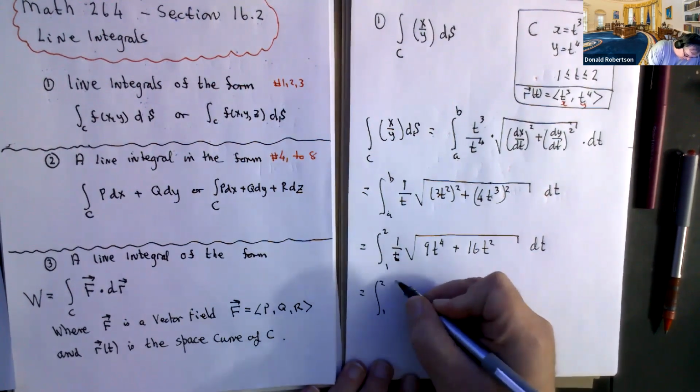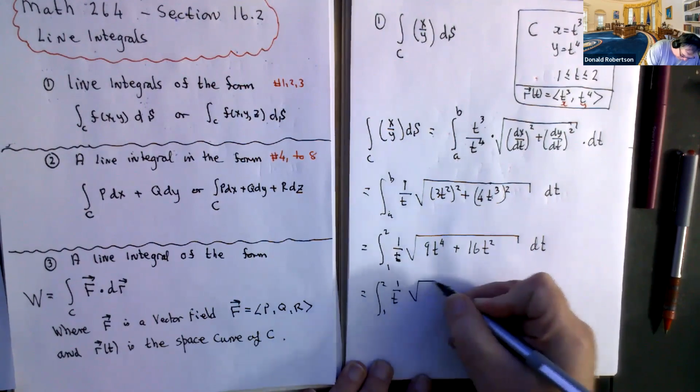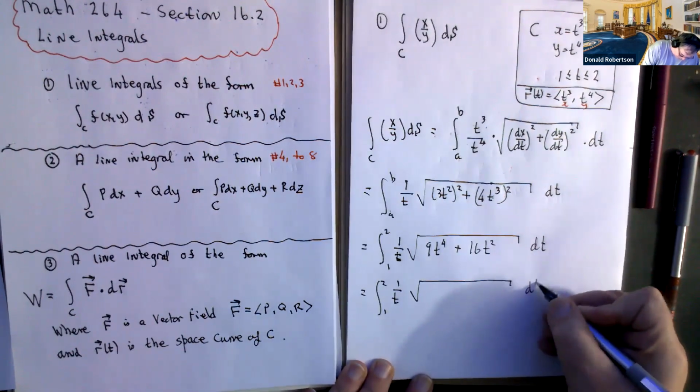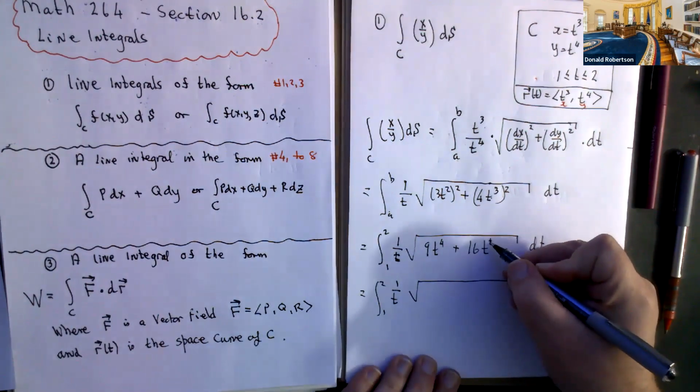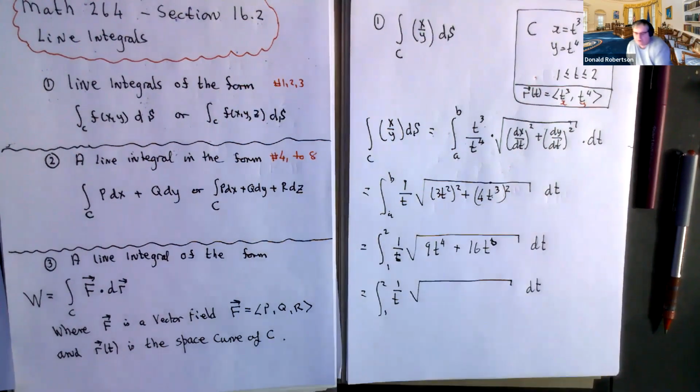Algebraically, how could I rewrite that square root to help? Any ideas?